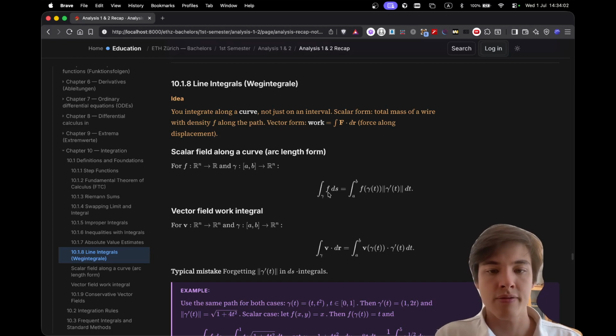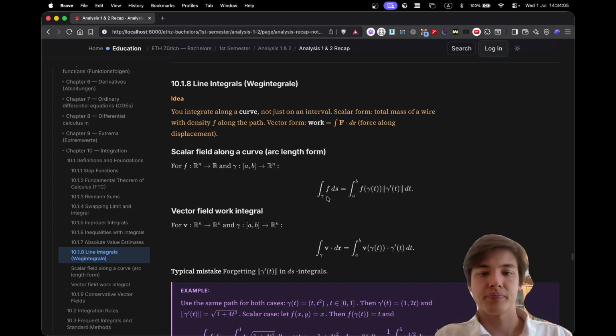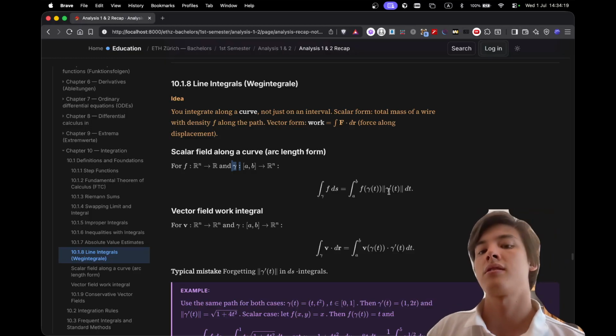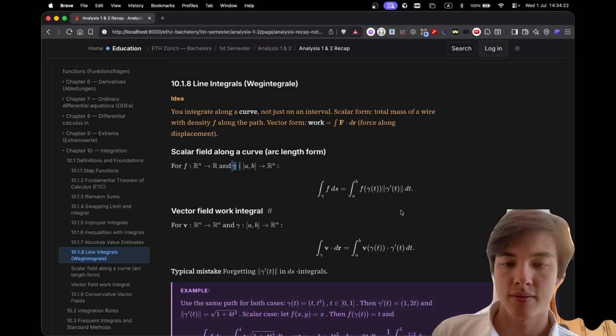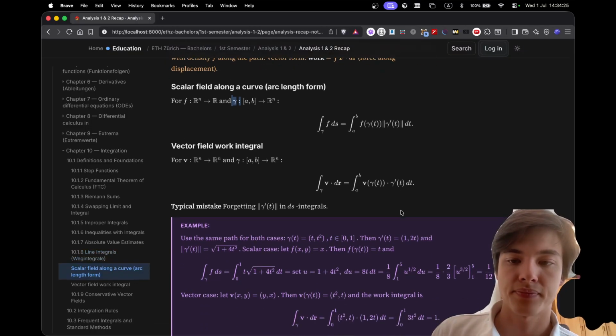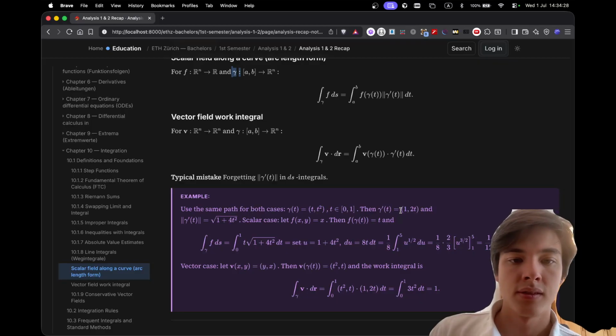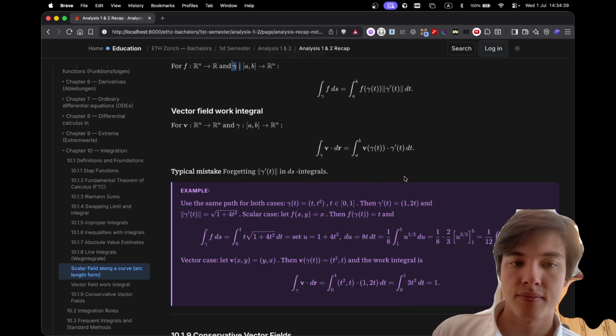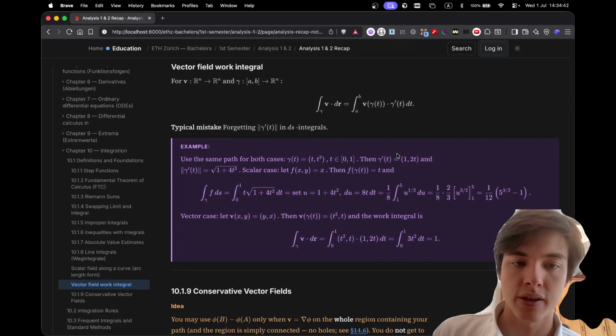If we walk along f, along this gamma, then we can reparameterize gamma over a, b, but then we have to have the derivative of gamma in the integral. And for work, it's similar. That's multi-dimensional, right?